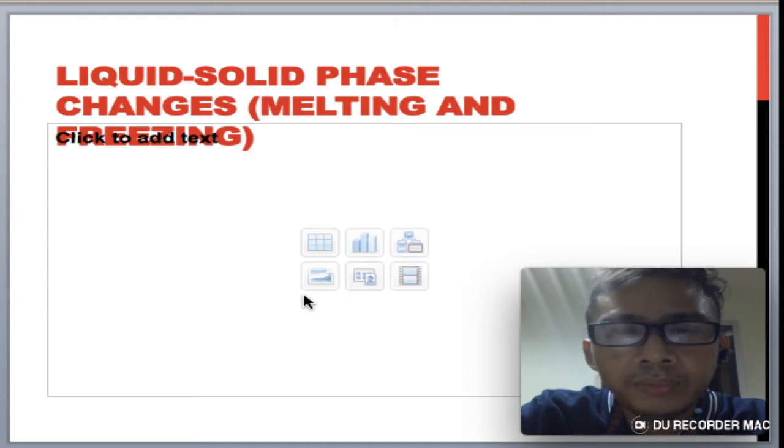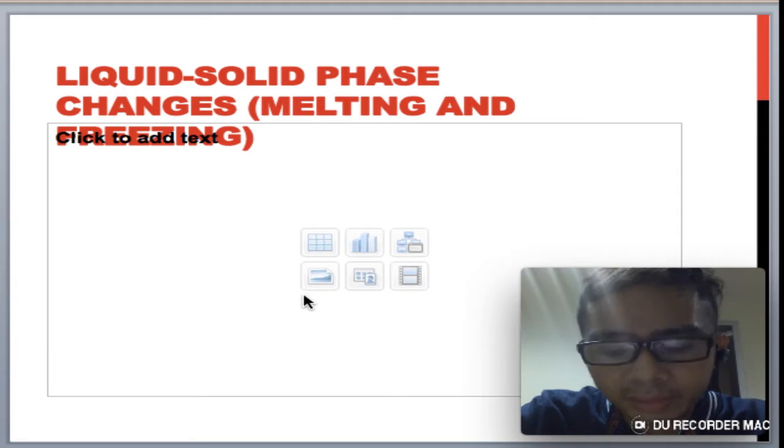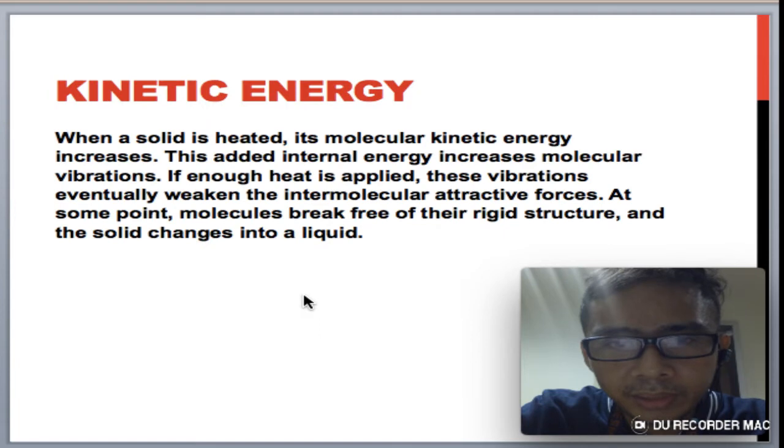So liquid solid phase. So the change, melting and freezing. In this topic, we learn that when a solid is heated, its molecular kinetic energy increases.